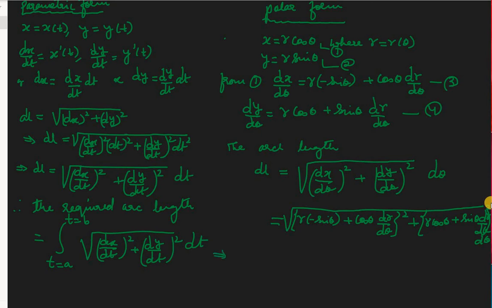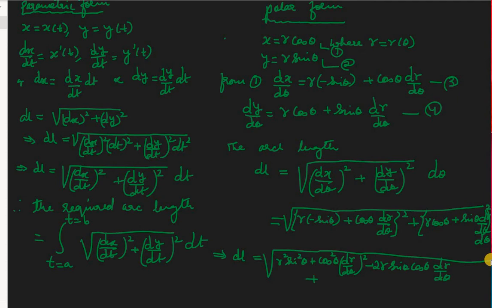So this implies that dl is equal to the square root of, you can expand this one, you get r square sin square theta plus cos square theta dr d theta the whole square, then minus 2ab using the formula a plus b the whole square, so it will be minus 2r sin theta cos theta dr d theta.